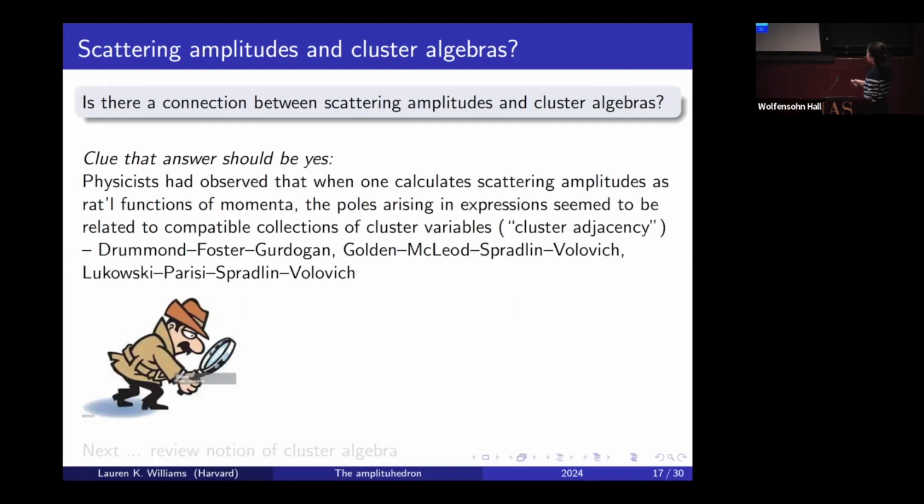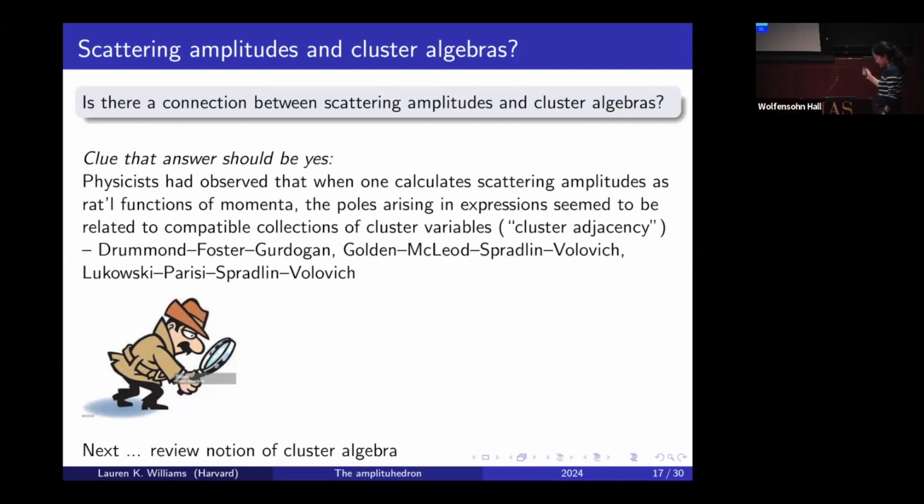This phenomenon was first found in work of Drummond, Foster, and Gürdoğan, and then Golden, McLeod, Spradlin, and Volovich, and then reformulated in an amplituhedron way for m equals 2 by Lukowski, Parisi, Spradlin, and Volovich. This is my cartoon image of a physicist.